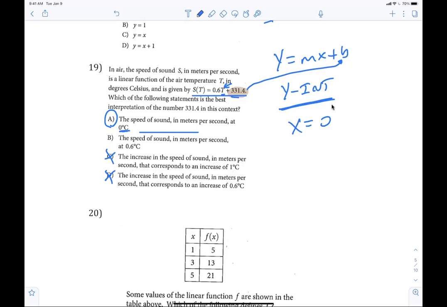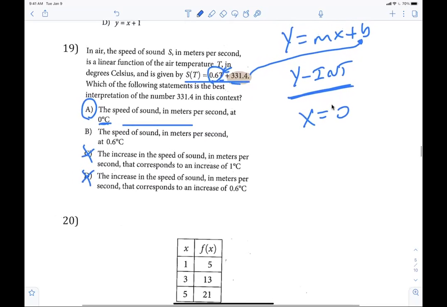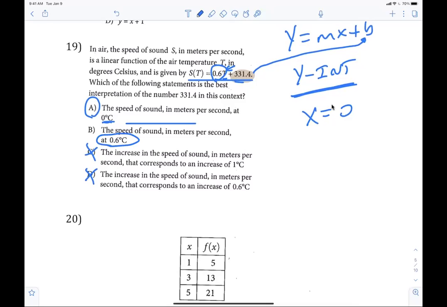That would be if it was talking about the 0.6. And how would it not be B then? Because the slope can't be the y-intercept. What is the y-intercept again? It's when the x value is 0. T is not 0 in this case. T is 0.6. You understand the difference now?